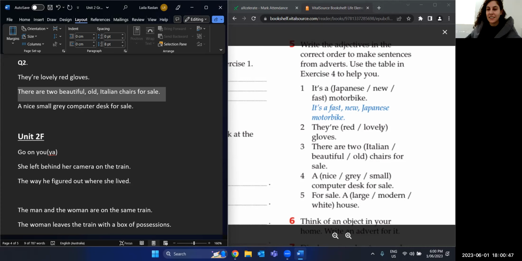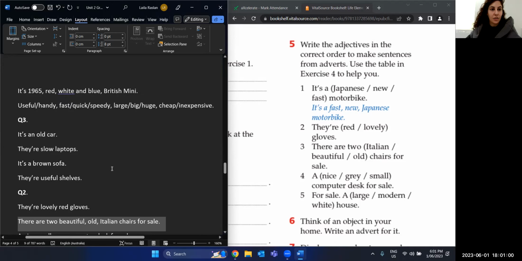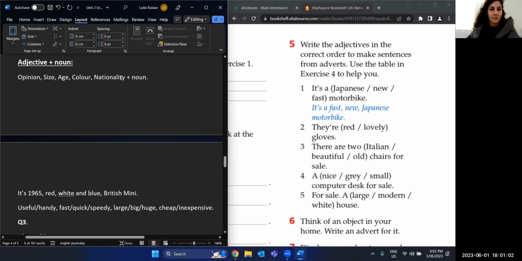You've got the nationality. You've got the opinion, beautiful. That's an opinion. And you've got the age. So all you have to do, write down the order like I did here.